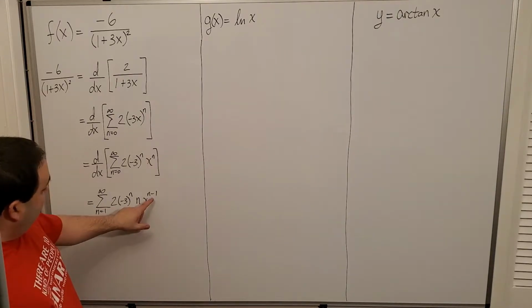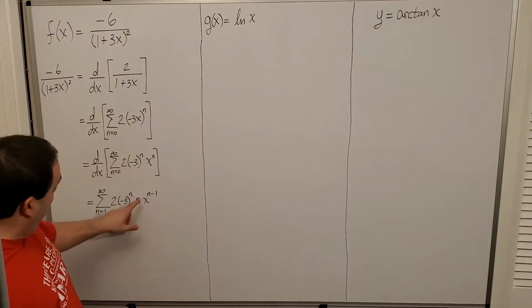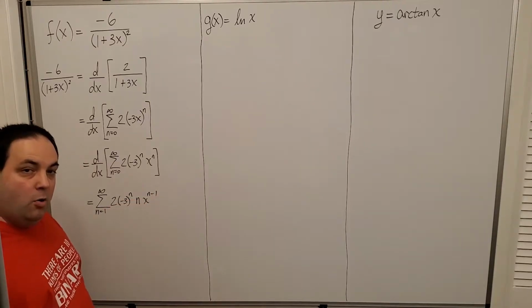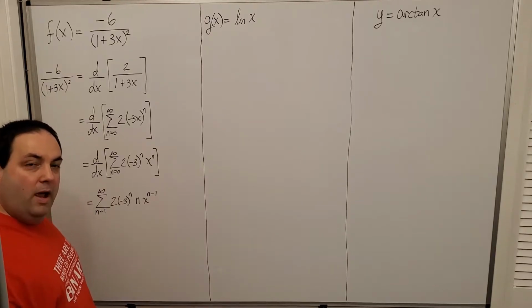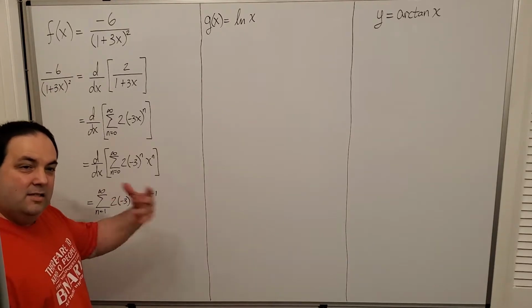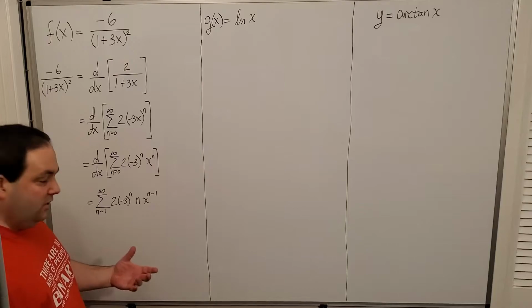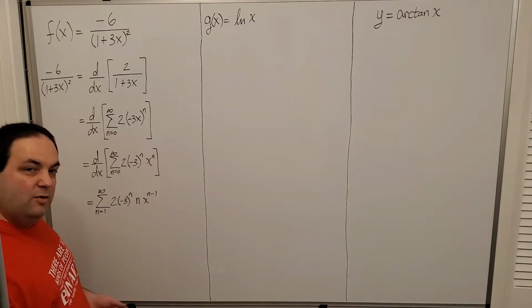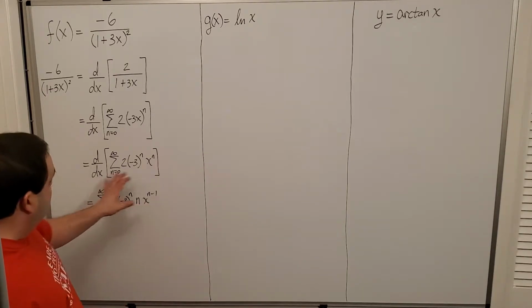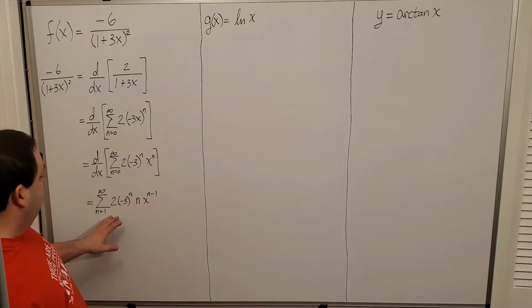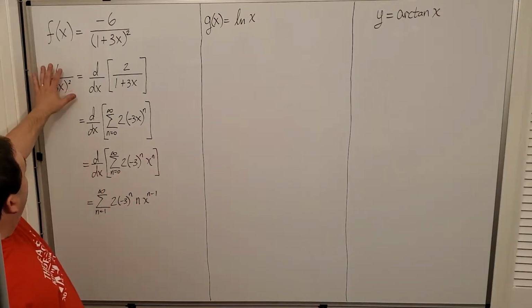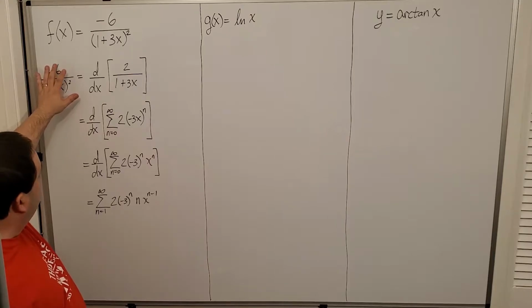And also that lines up in my exponents as well. 1 minus 1 gives me x to the 0, which is typically where we like our power series to start, with the x power of 0. Okay, so now I've got a power series representation of the original function that we were interested in.